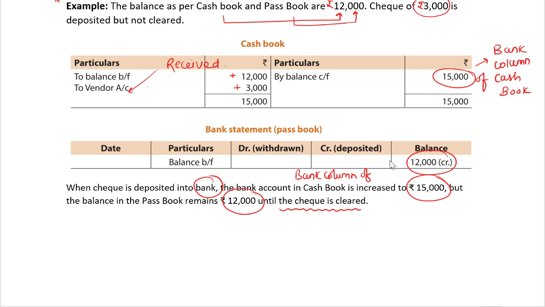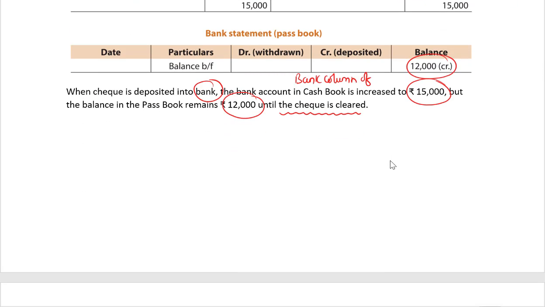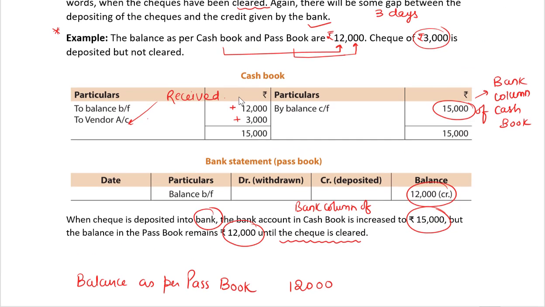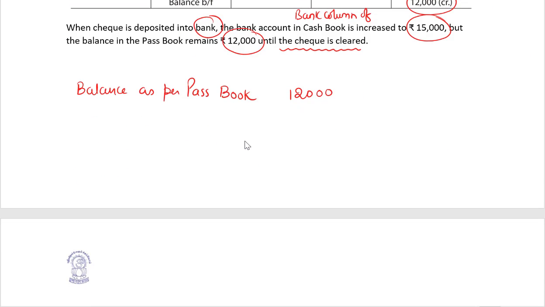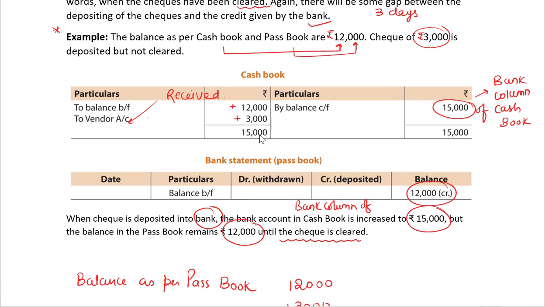We need to understand one thing over here: if we are solving this sum and the balance as per passbook is given in the question, the passbook balance is 12,000. In that case, what is the cash book balance? 15,000. So we need to add 3,000 over here and make the balance 15,000.